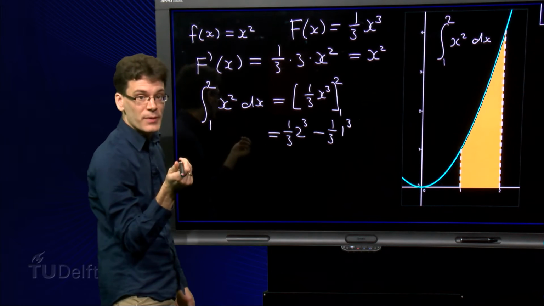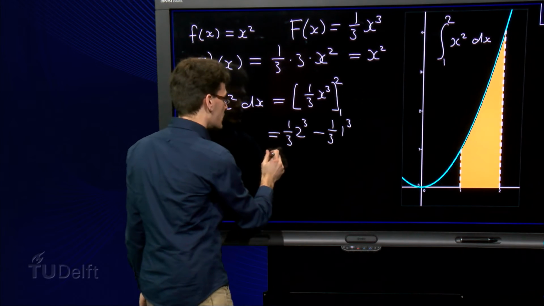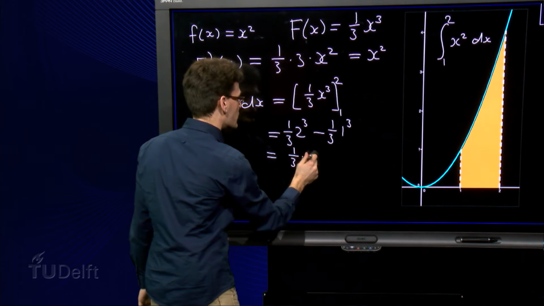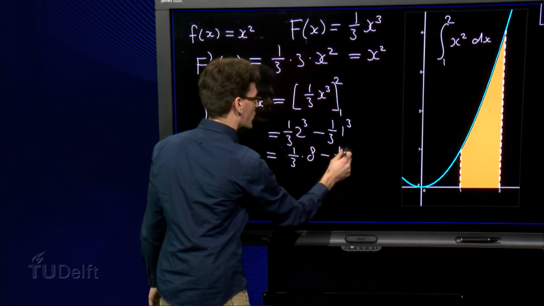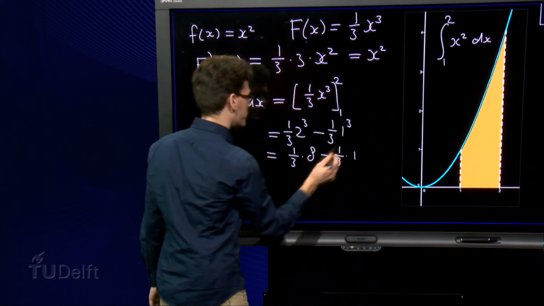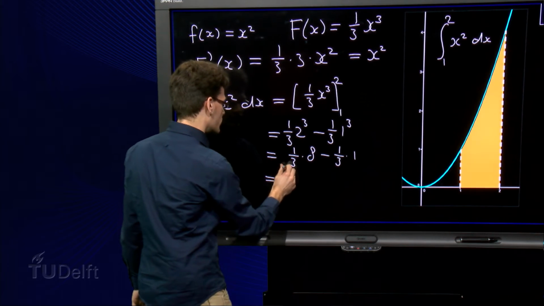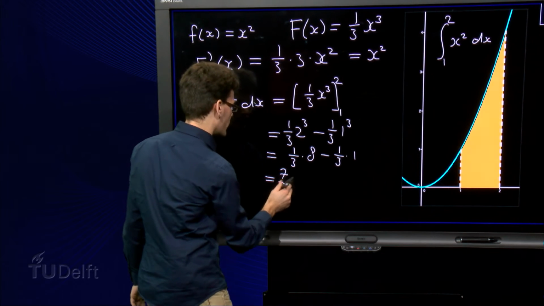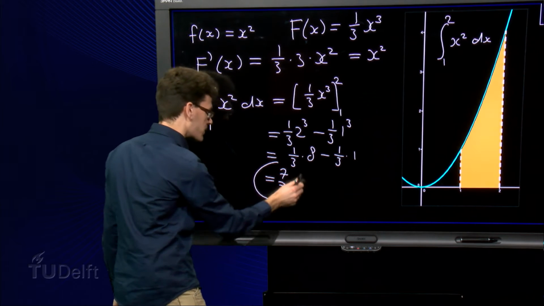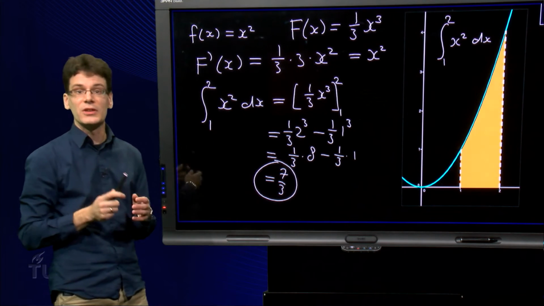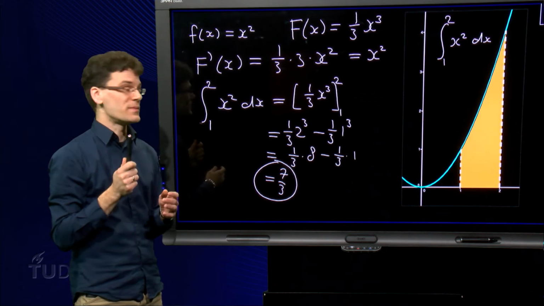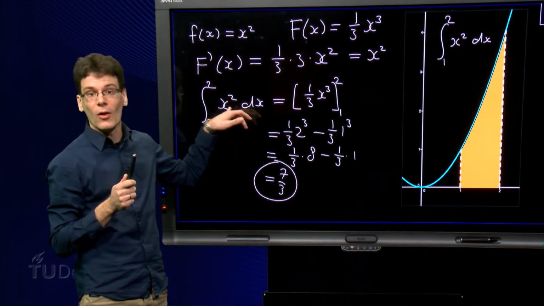Of course, we can simplify this. This is equal to 1/3 times 8 minus 1/3 times 1, which is equal to 7/3. And this is the final answer. This is the exact value of this integral.